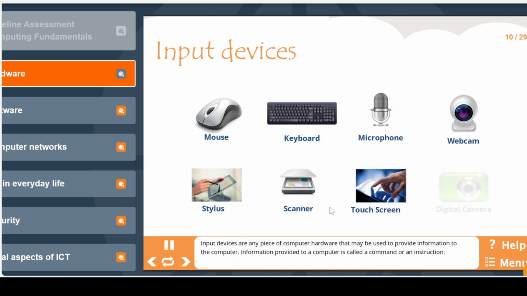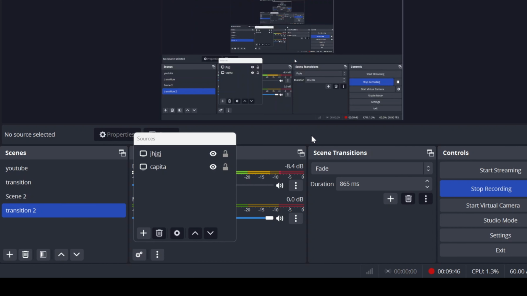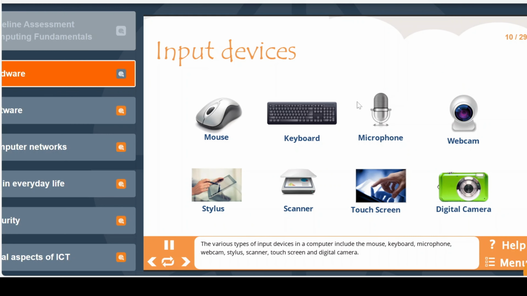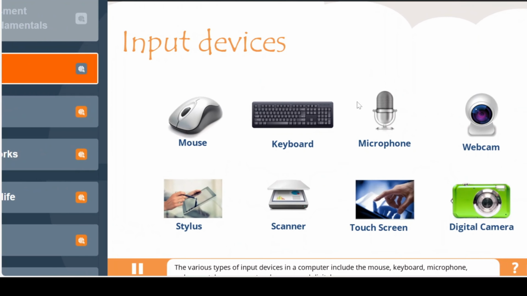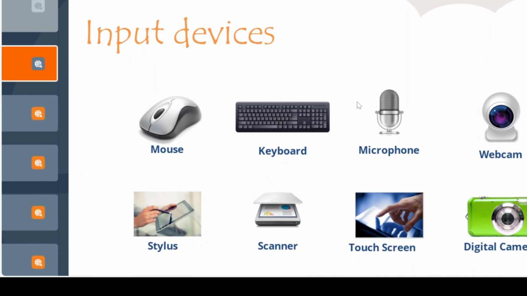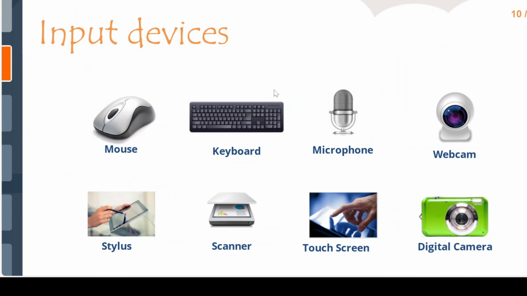Information provided to a computer is called a command or an instruction. The various types of input devices in a computer include the mouse, keyboard, microphone, webcam, stylus, scanner, touchscreen, and digital camera. Click the image of each input device to learn more about it.